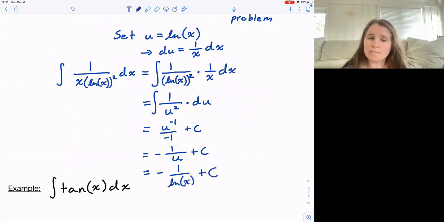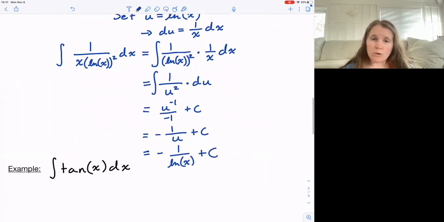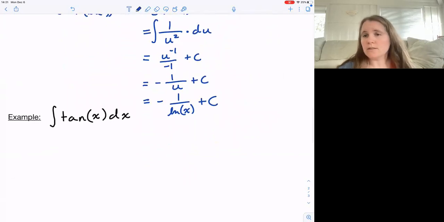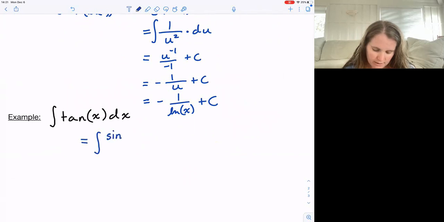For one more problem, if we wish to take the integral of tangent of x, keep in mind that tangent of x is technically sine over cosine. So this is the same thing as taking the integral of sine of x over cosine of x dx.